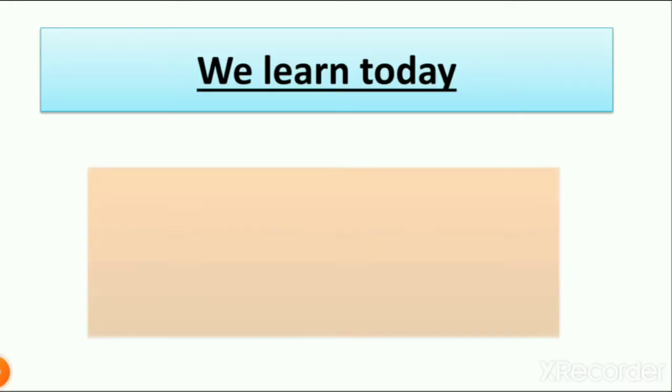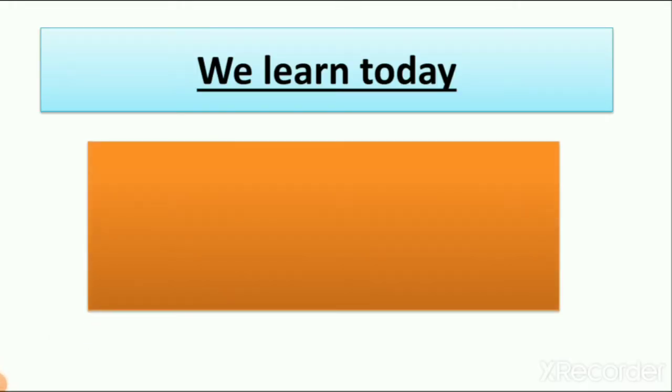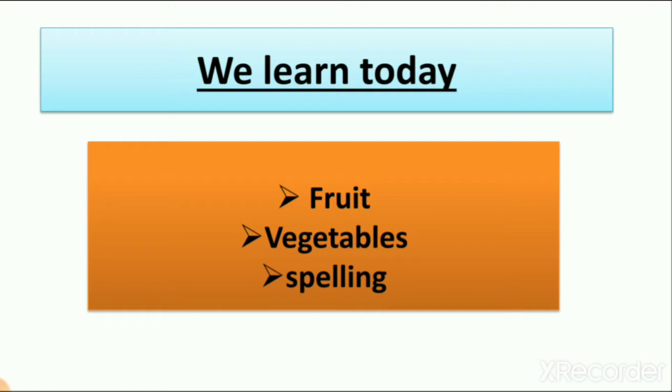So, what do we learn today? Today, we learn about fruits, vegetables, and spelling of fruits and vegetables. So, we already learned all these things in lesson number 3 and 4. So, today we write the spelling of fruits and vegetables, and we also learn which is fruit and which is vegetable.